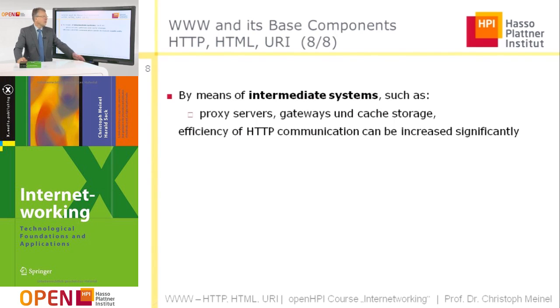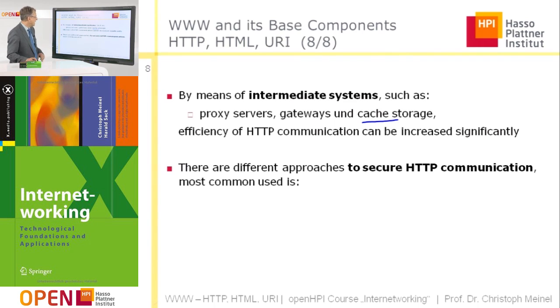For example, if we only look at the caches, if a client requests a document from a server, the server sends out the document, then intermediate systems store this document. And if the client requests the same document next time, the intermediate system already responds with the desired document, at least as soon as it is efficient.